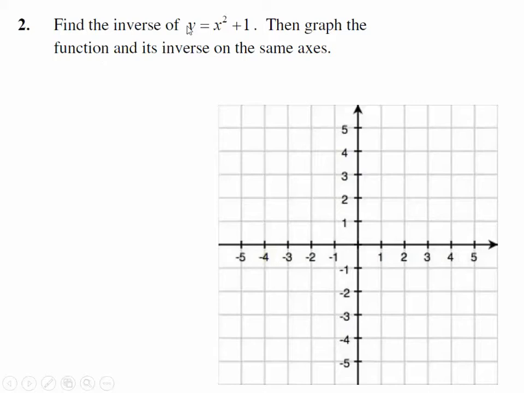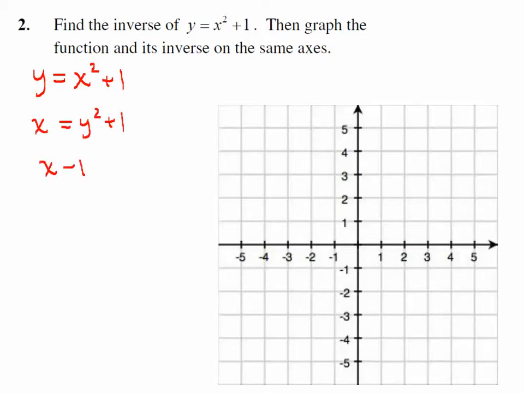So find the inverse of y is equal to x squared plus 1, and then graph the function and its inverse and see how they compare on the graph. All right, find the inverse. I guess we're going to do that first. All right, hopefully, let's see, switch the x and the y first, and let's solve for y.